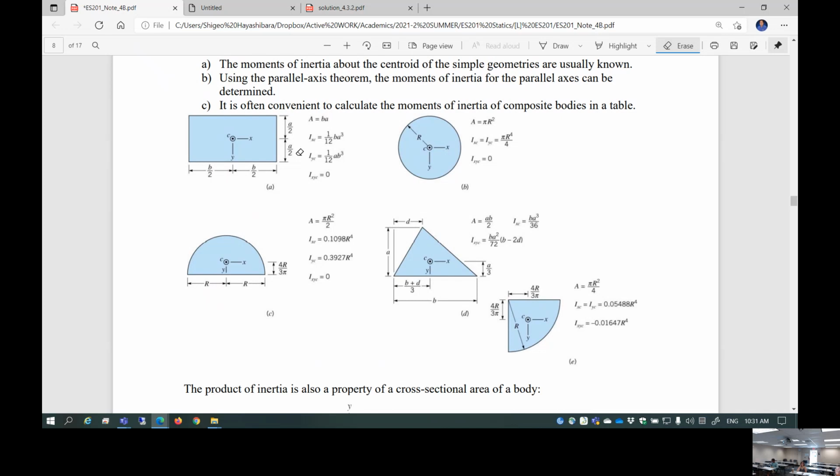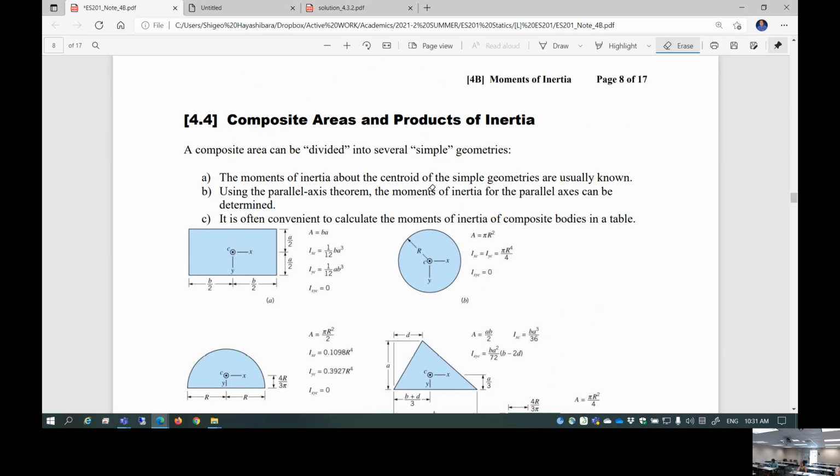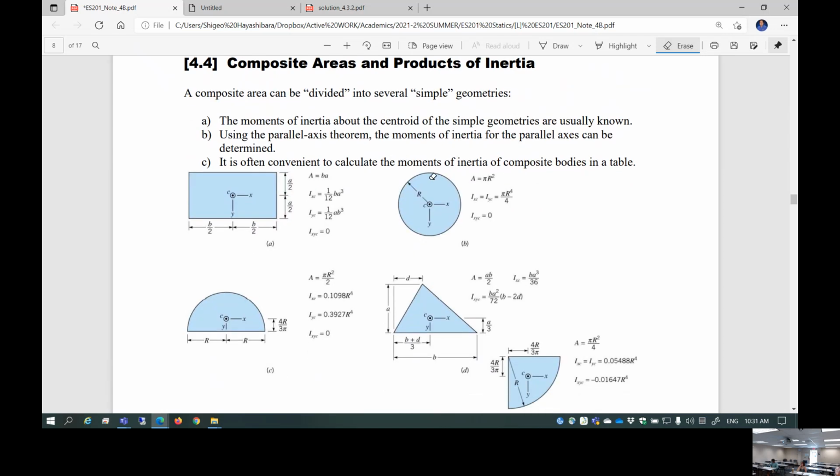So this is a composite area. You can determine moment of inertia, and also let's take care of the product of inertia. You can divide the area into several parts, and each part is typically a simple rectangular shape, or it could be a circle or semicircle cross-section or something like that.